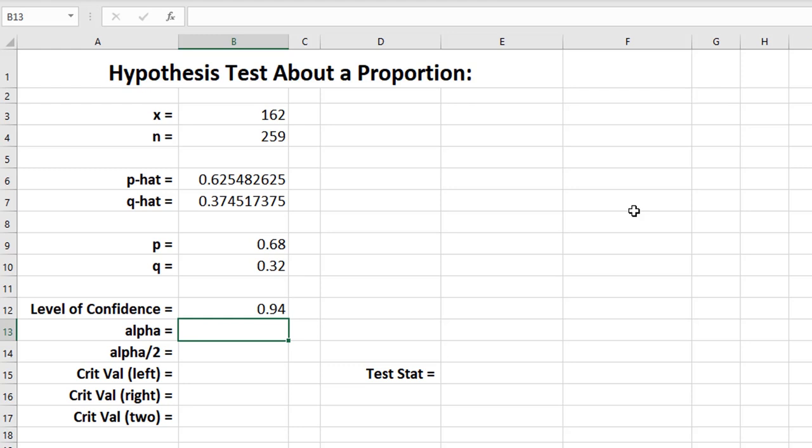Alpha is 1 minus my level of confidence. Alpha over 2 is half of alpha, but we didn't need it for this problem, but we'll do it anyway. In order to get our critical value on the left side, we simply use the NORM.S.INV function of alpha.